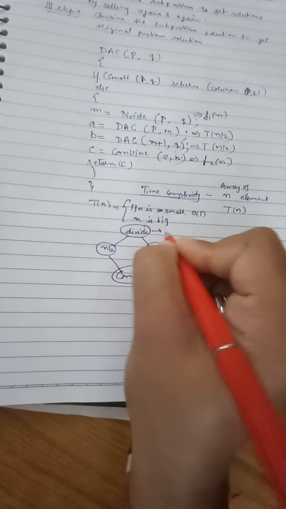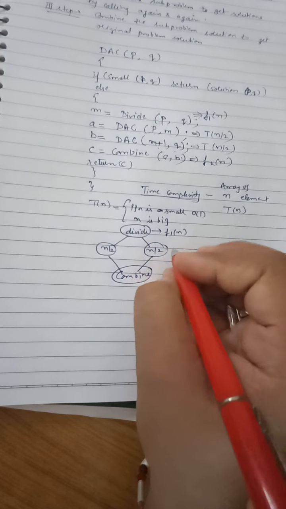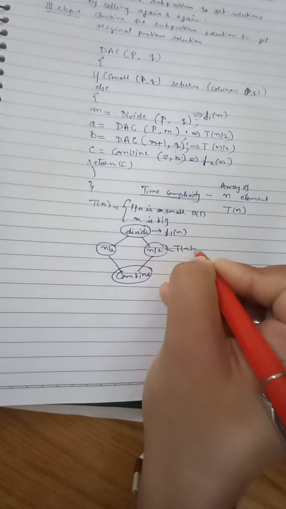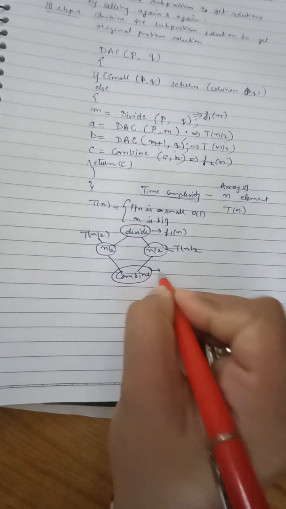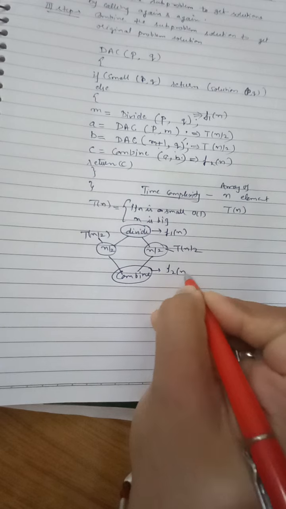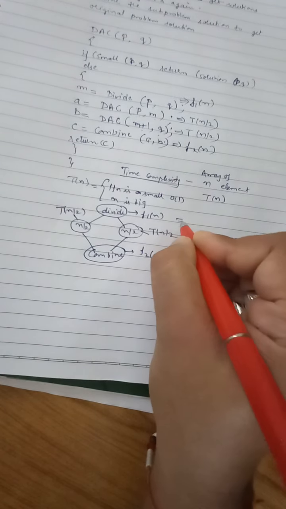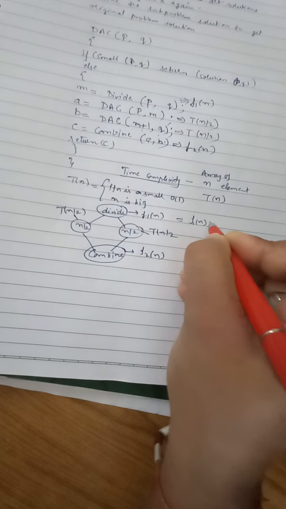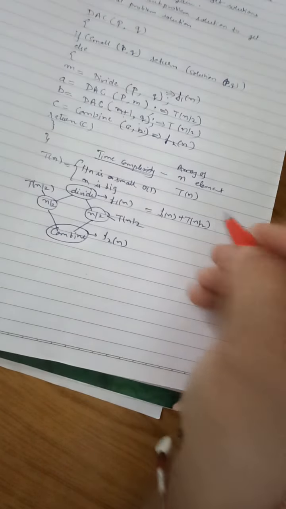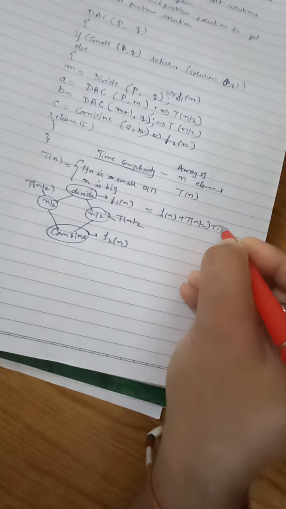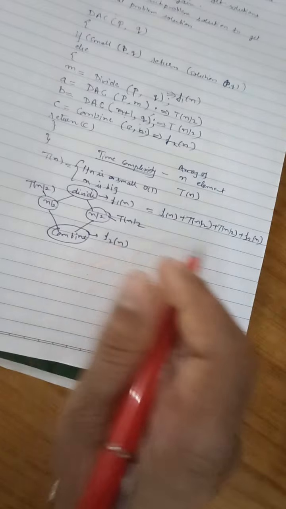This is the F1 of n function, and we can say T of n by 2, and this is the F2 of n function. We write it like this: F1(n) plus T(n/2) plus T(n/2) plus F2(n).